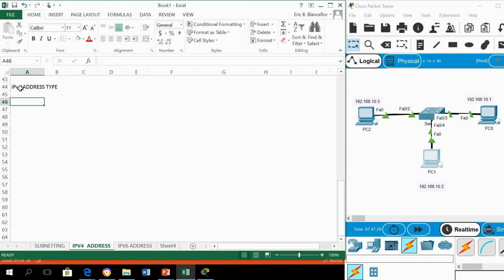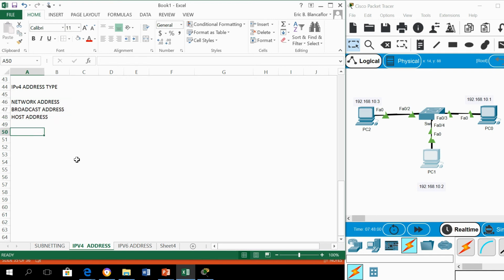An IP address may be classified as a network address, a broadcast address, or a host address. So we call this the IP address type. But very important is that you know very well that there's a network, a broadcast, and a host address.